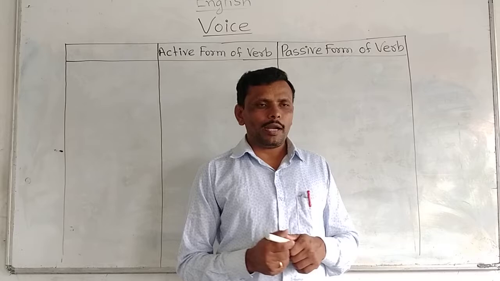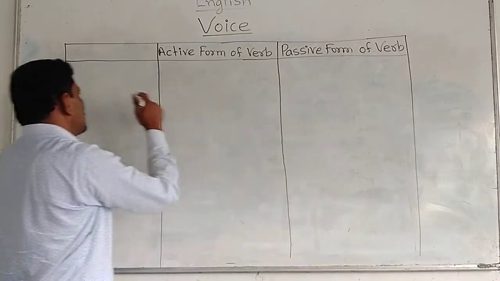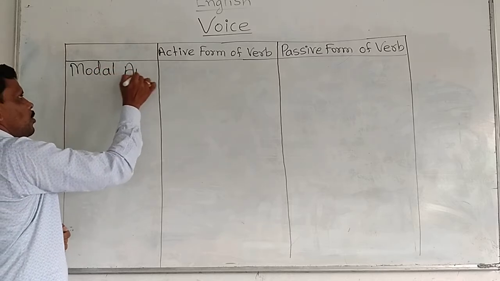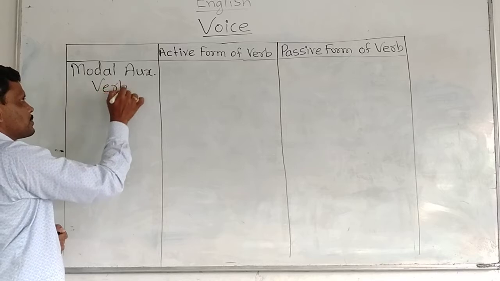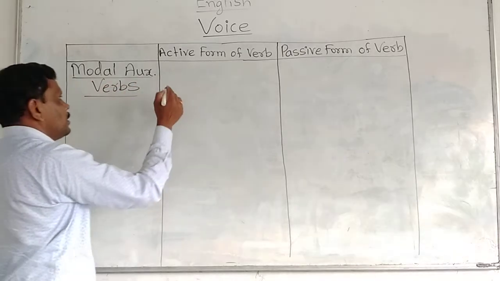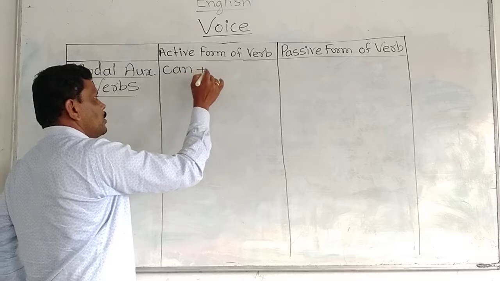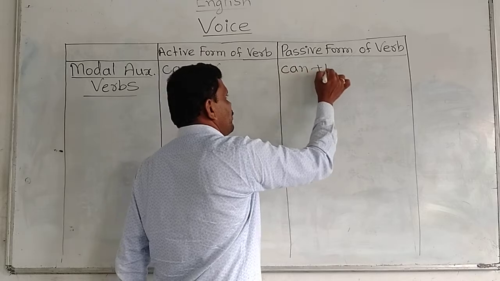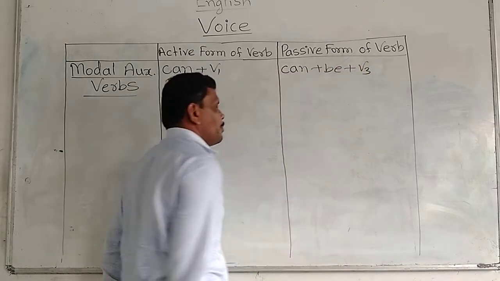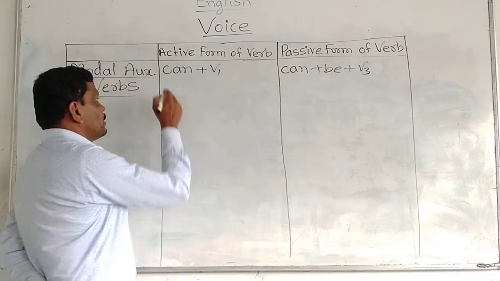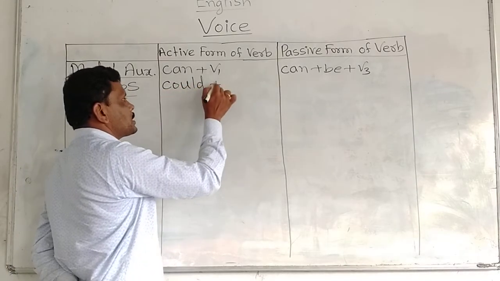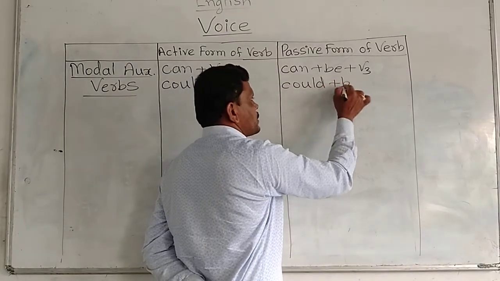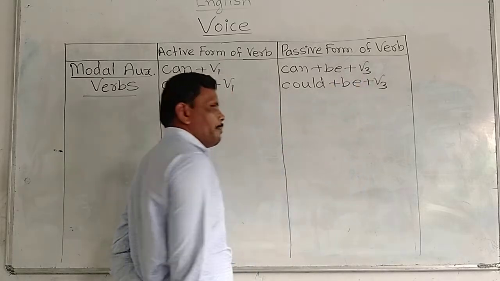Now the remaining part, there are some modal auxiliaries. What are the modal auxiliaries? See here, modal auxiliary verbs. Can is a modal auxiliary; can plus V1 is the active form and can plus be plus V3 is the passive form of verb. Then the next modal auxiliary, could plus V1 is active form, could plus be plus V3 is passive form.